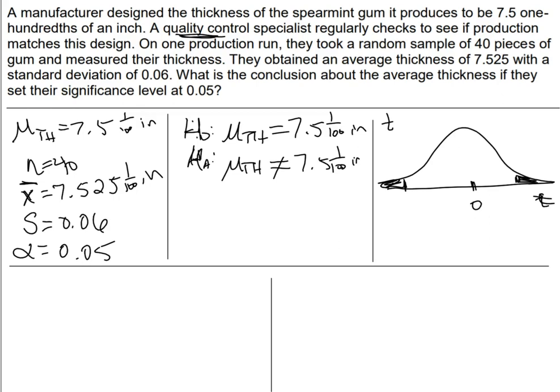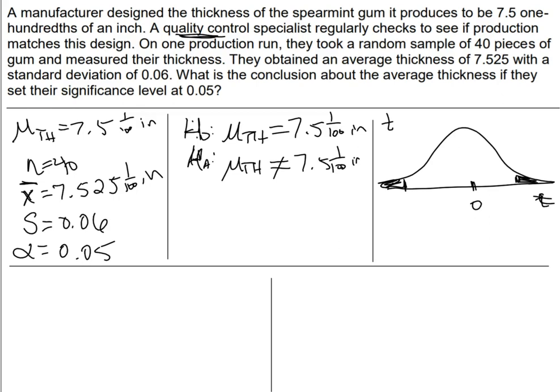It could be out of control if it was either above 7.5 or below 7.5. So either one of those cases, it could be out of control. Notice they're not looking for evidence to convince us that it is more than 7.5, but that it's more or less than 7.5. So here we go. It's a two-tailed t-test that we're carrying out right now.